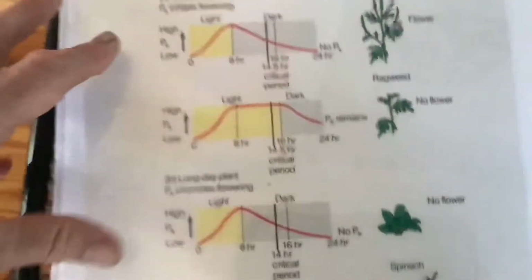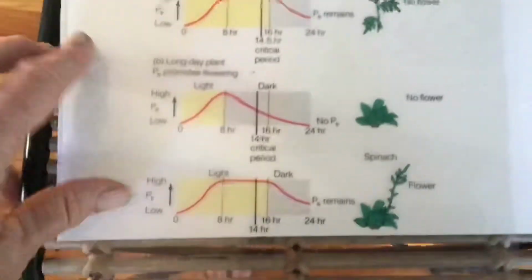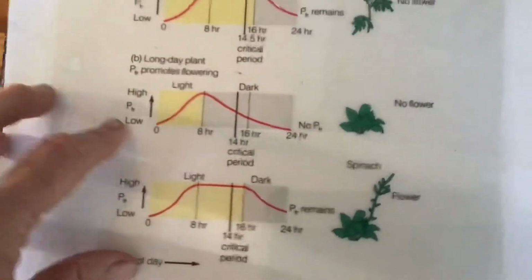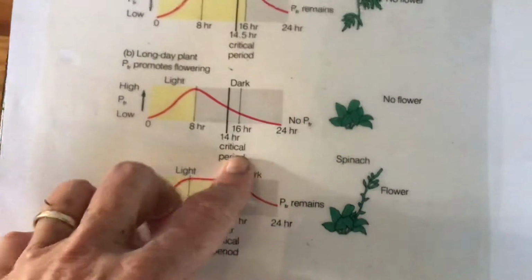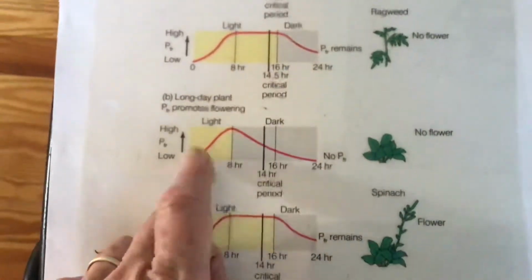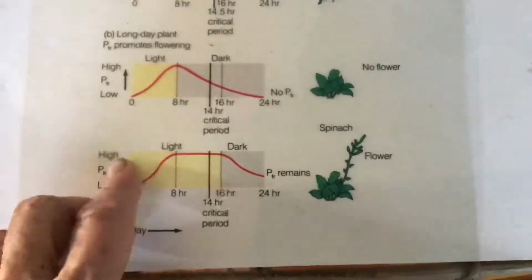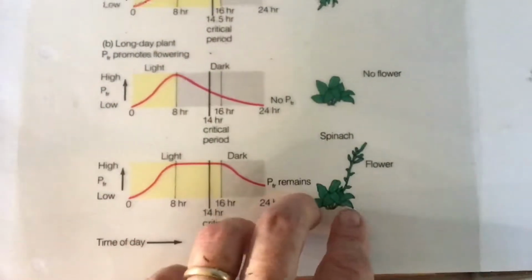Long day plants are the opposite. It's the same graph here, except that during the critical period, if you don't have PFR, then no flowering, and during the critical period, if you have high PFR, then flowering.